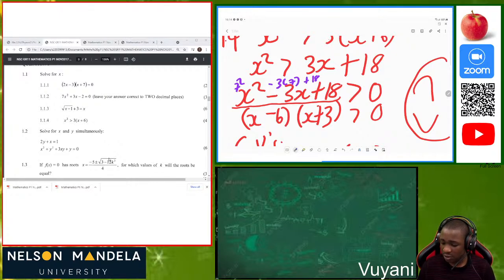So 7 squared is 49, 49 minus 21 plus 18. You can use your calculator as well.